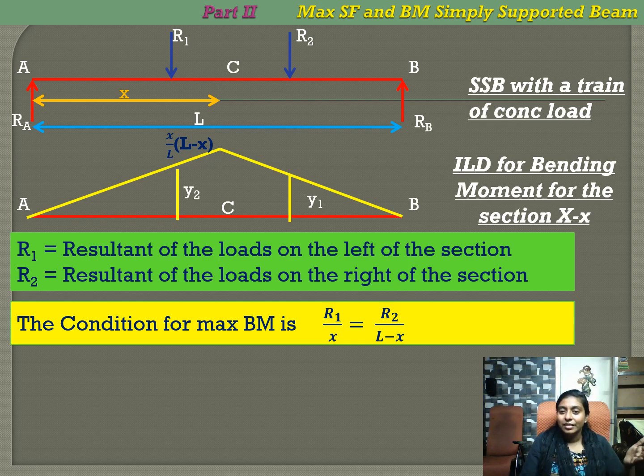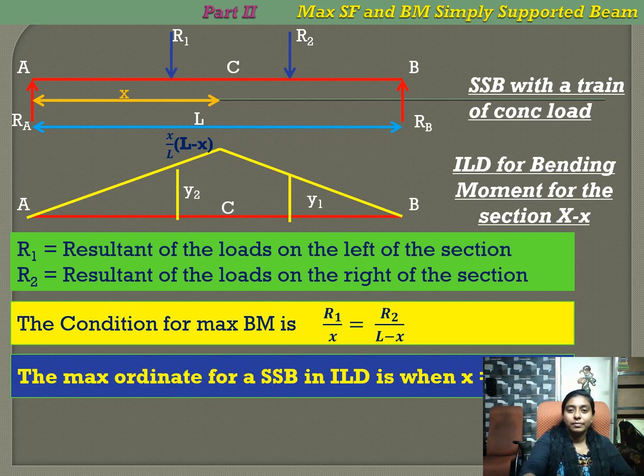R1 divided by X, that is the distance of the section, is equal to R2 divided by the distance of the other part of the section, L minus X. Now, we know the maximum ordinate for the simply supported beam is when X is equal to L by 2.